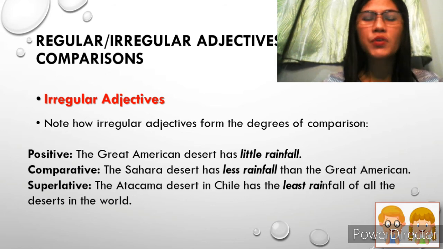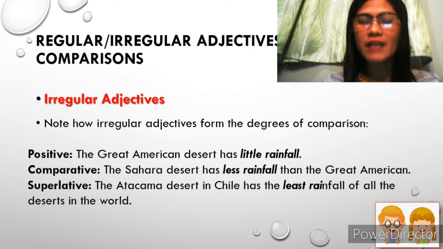In the superlative, you have: The Atacama Desert in Chile has the least rainfall of all the deserts in the world. So that is more than two comparisons in the superlative form. So positive is a little rainfall, you just merely describe the desert. Comparative with two comparisons, you have less rainfall. Superlative with more than two comparisons, you have least rainfall.